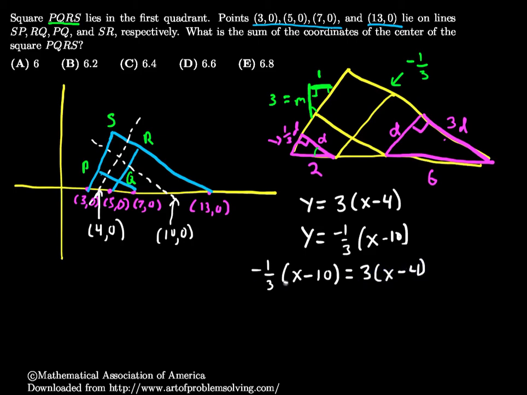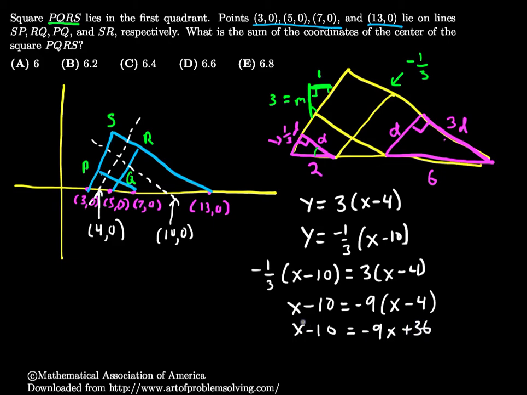I hate fractions when I can avoid them. They might make my life harder, so I'll multiply both sides by negative 3 to get x minus 10 is equal to negative 9(x minus 4). Distribute through, x minus 10 is equal to negative 9x plus 36.